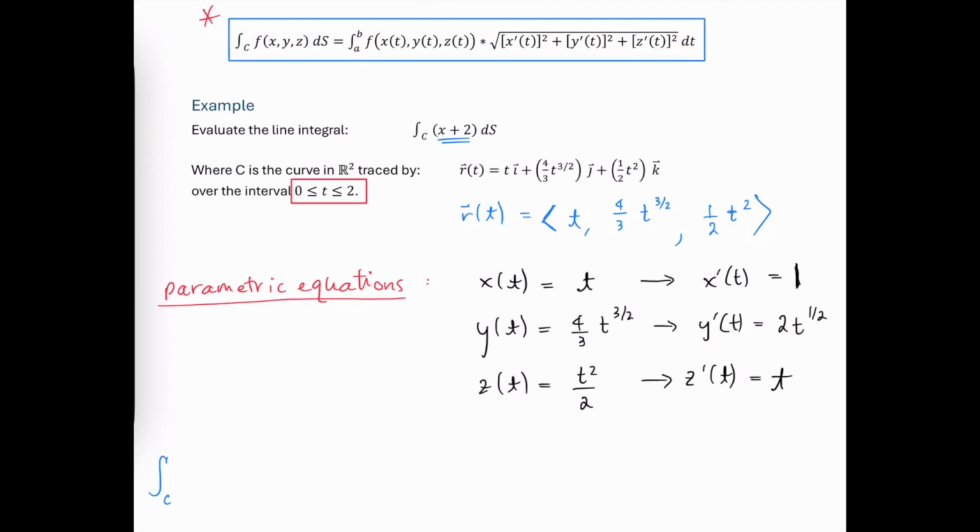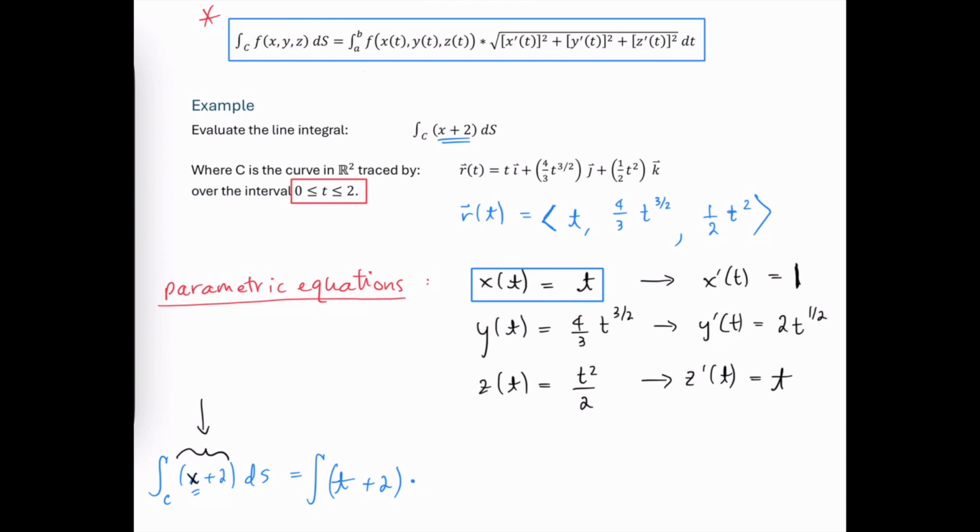Now we're ready to build our integral, and we'll begin by plugging our parametric equations into the integrand. But the only variable that we have here is x, so the integrand is going to be our x equation in terms of t, which is just t, plus 2.